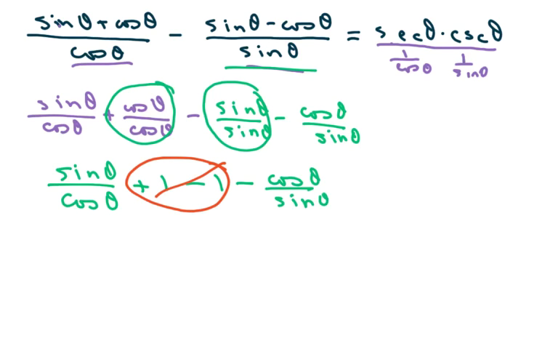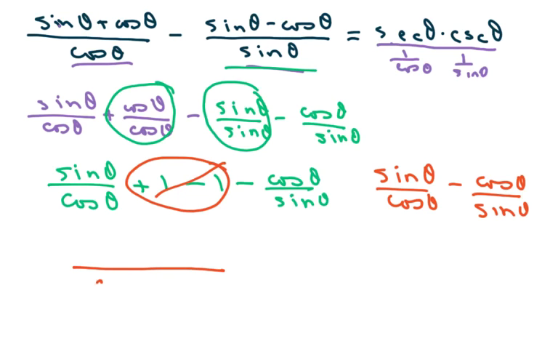Alright? Now, when you get your common denominator here, and I can write this out again. So this is sine of theta over cosine minus cosine theta over sine. Now we're going to get our common denominator, which is cosine of theta times sine of theta. And when you do that, you're just going to cross up here.